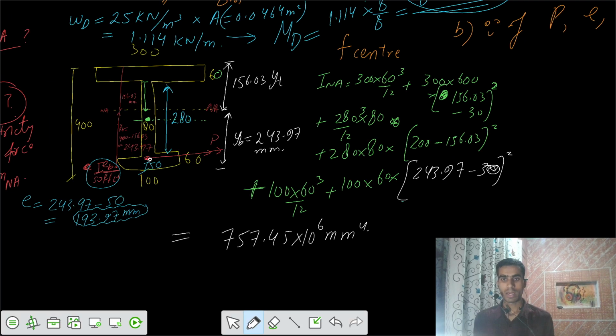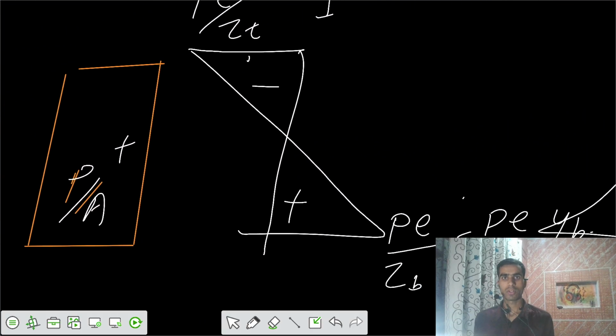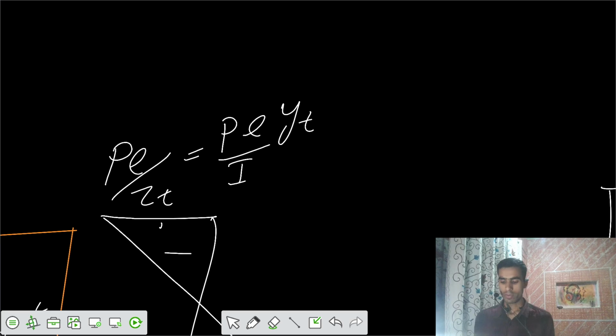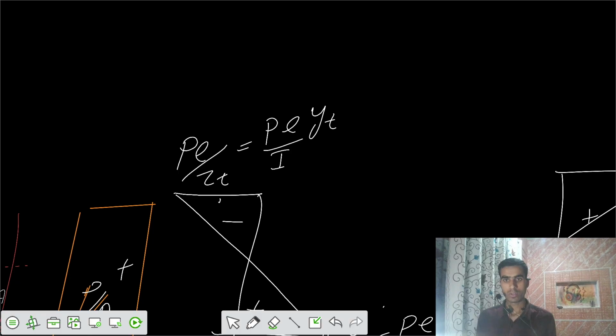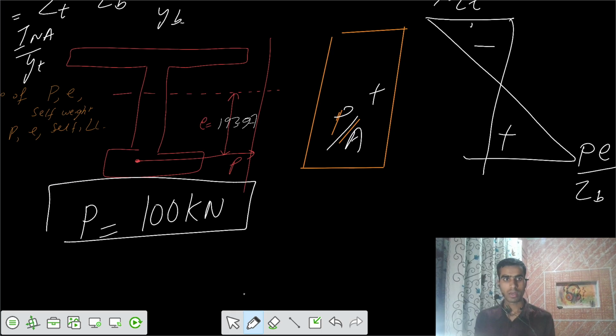So let's use this value for calculation of those stresses. So we'll be calculating those values. Do you know the value of P? Value of P was given to you in the problem as 100 kilonewton.